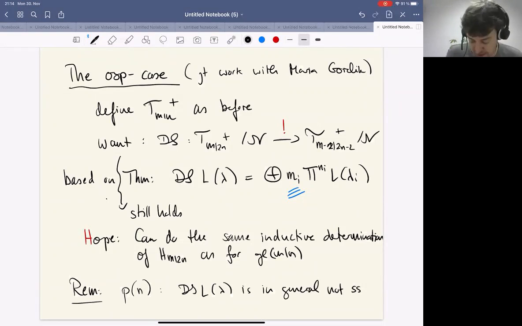So this has been studied by Entova-Aizenbud and Serganova. That doesn't mean that this approach with the DS functor fails, because DS of L lambda doesn't have to be semi-simple. It would be perfectly fine if the DS functor preserves these plus categories. So it would be fine if DS of L lambda is an indecomposable summand in an iterated tensor product. And then I still think this inductive determination would work.